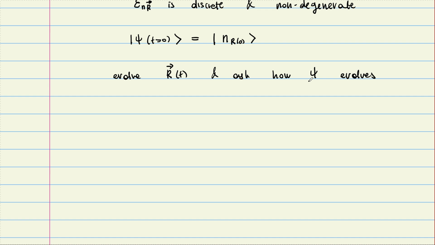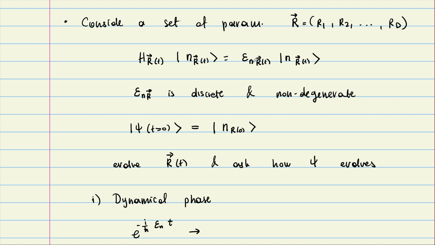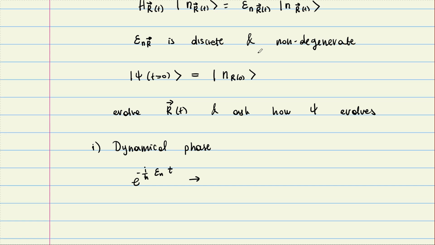So the time evolution in quantum mechanics has two contributions. One is what we call the dynamical phase. So it is the usual e^{-i/ħ ε_n t}. But in this case, you can see epsilon, each eigenvalue, is R dependent, and R depends on time. So we have to generalize this, and the generalization is just the integral of this thing.